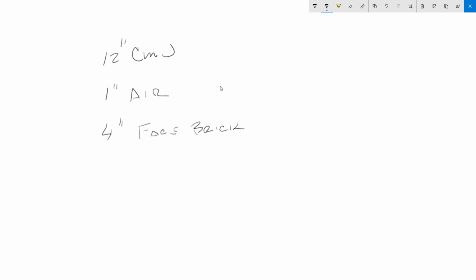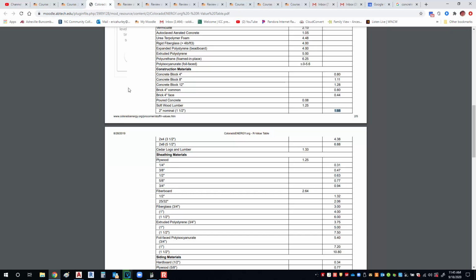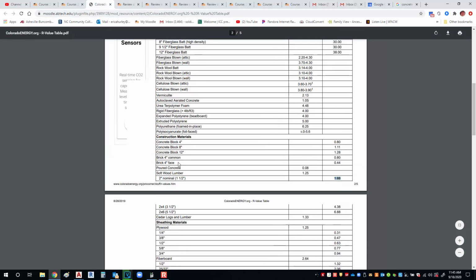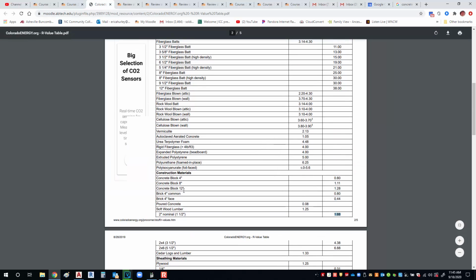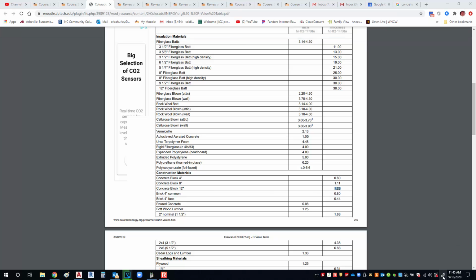Okay, all we got to do is find out the R values for that. We have a 12-inch concrete block here at 1.28.